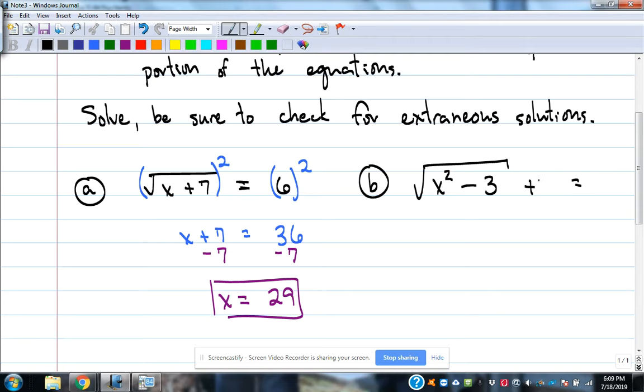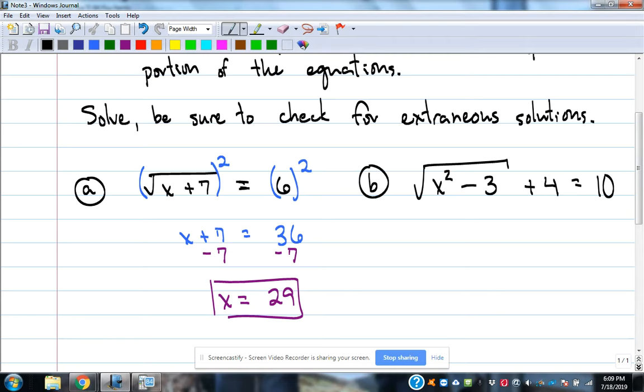Let's do plus 4 and then 10. All right, do that one. A little bit more difficult problem. The square root's not isolated here, so we've got to get that done first.